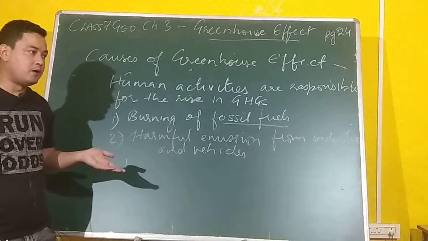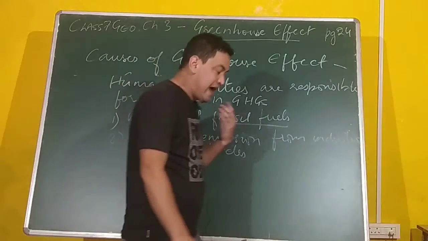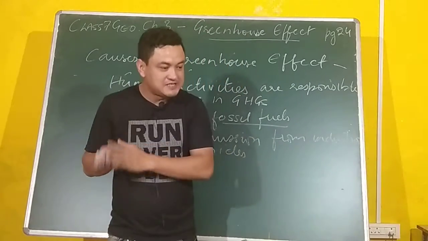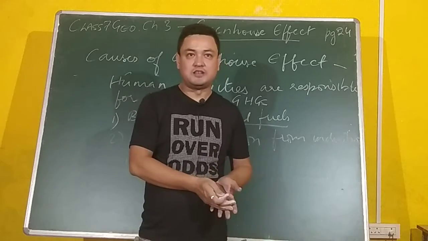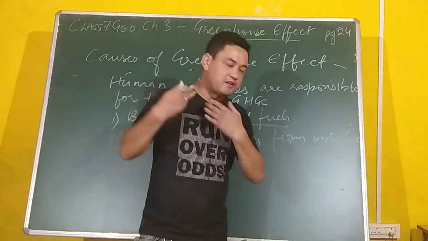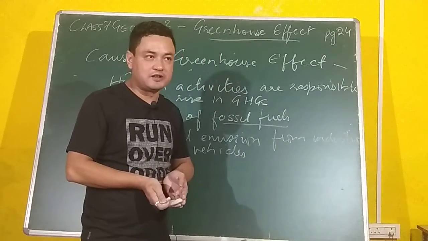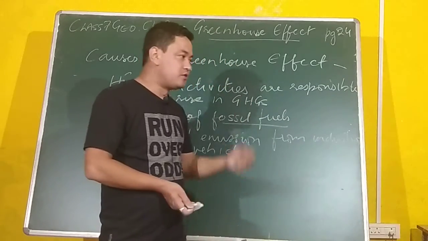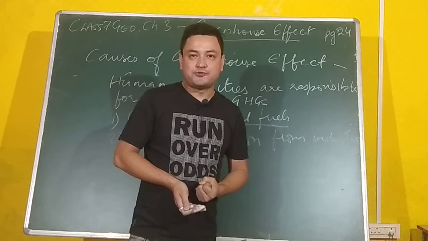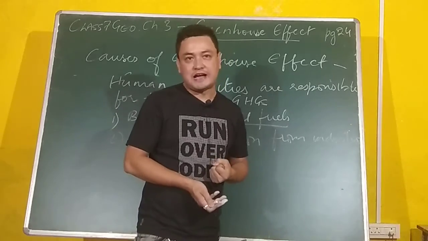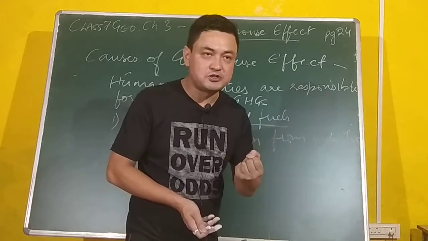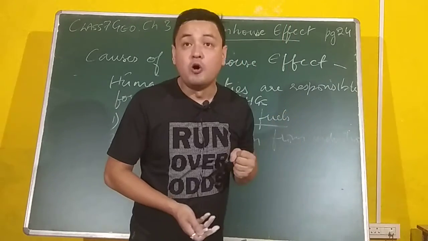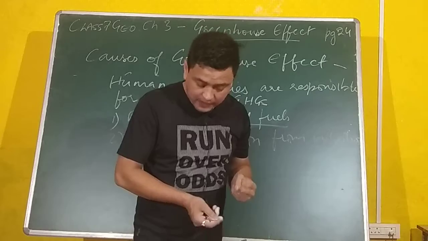Whenever we are talking about the exhaust of vehicles, when they are running from one place to another, they burn petroleum. When they burn petroleum, they produce a gas called nitric oxide or nitrous oxide, which is also harmful for the atmosphere because it is one of the gases which basically eats our ozone after chlorofluorocarbons.